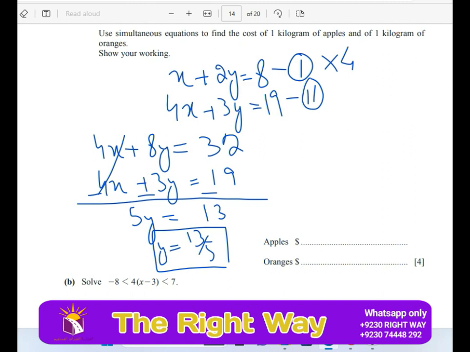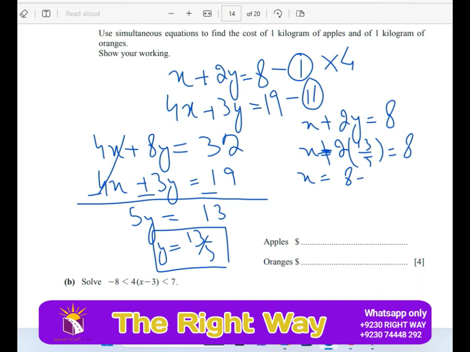13 by 5. Now for the apples, we are using the first equation, x plus 2y equal to 8, so x plus 2 times 13 by 5 is equal to 8. x will be equal to 8 minus 26 by 5, when we multiply 2 times 13 will be 26.